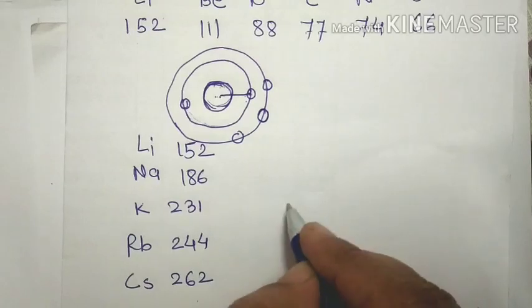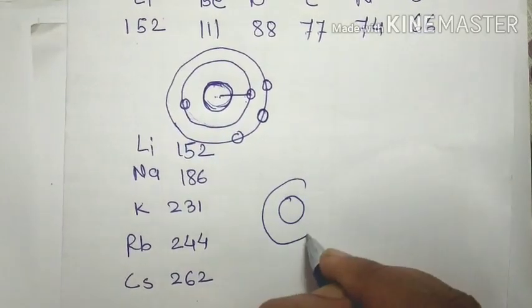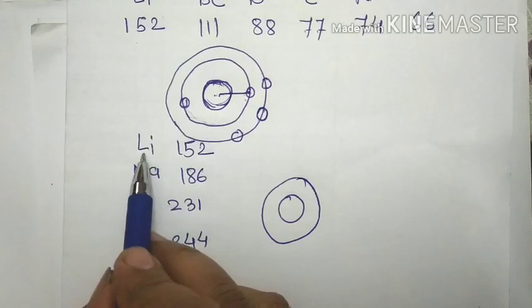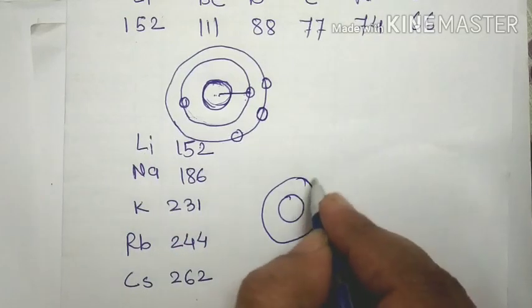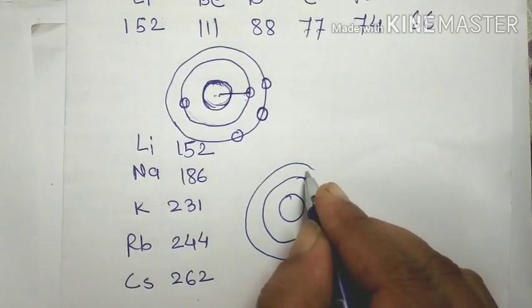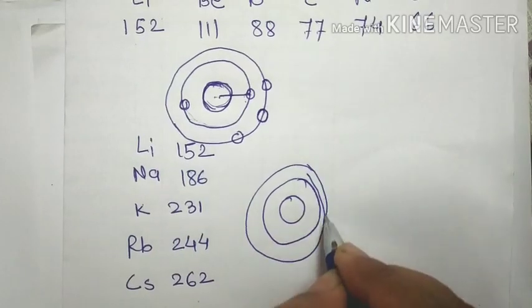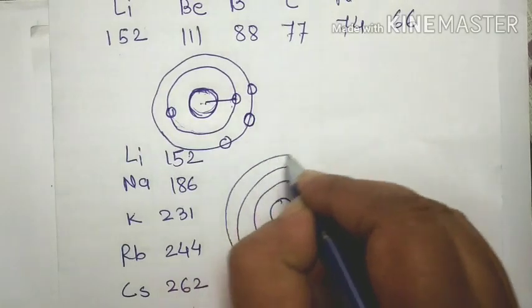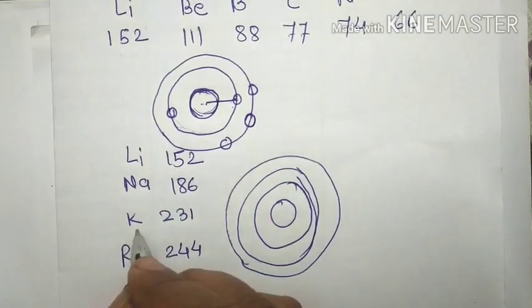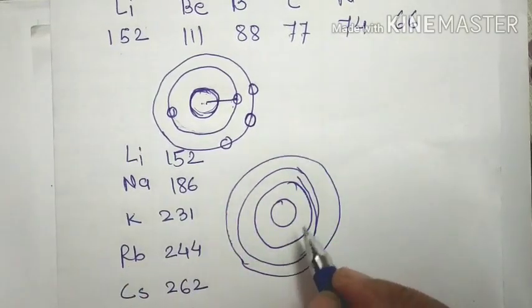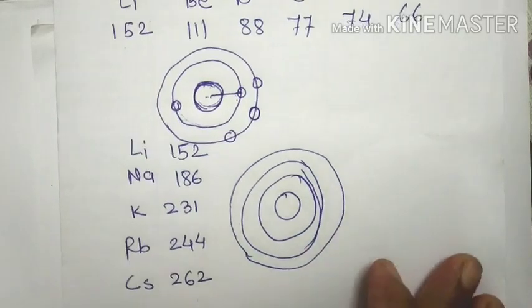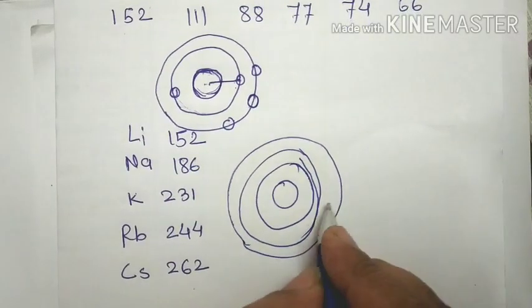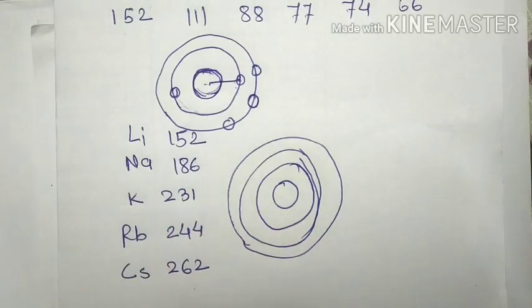This is because, see again the structure of the atom. In lithium, only 2 shells are there. But what happens in case of sodium? 1 shell is added. As we move towards potassium, again 1 shell is added. Means the number of shells increases by 1 as we move down the group.